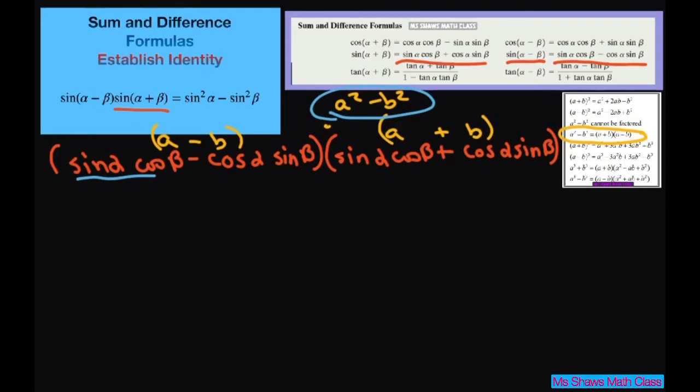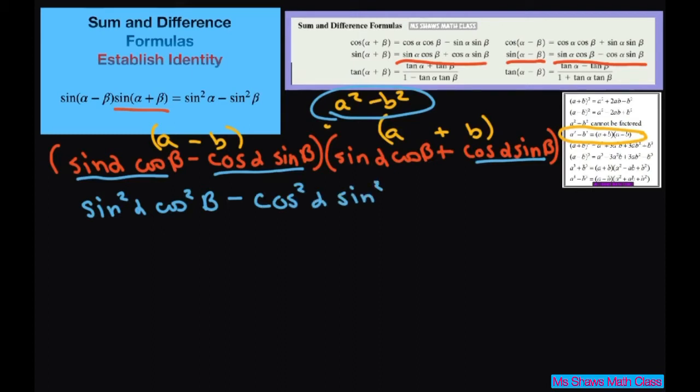So I'm going to square this. That gives me sine squared alpha times cosine squared beta minus the b, and this is our b. Our b's are the same, so we can do this: cosine squared alpha sine squared beta.